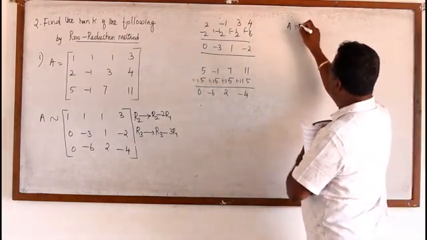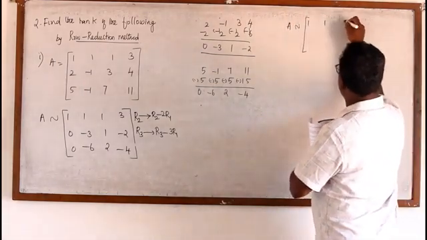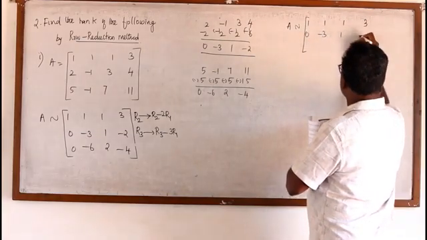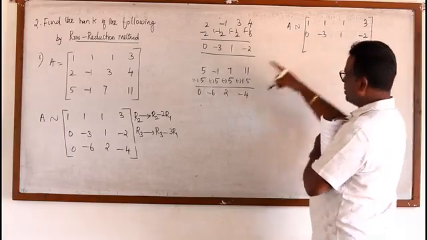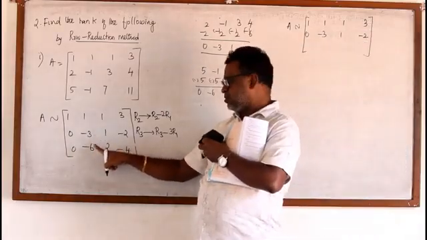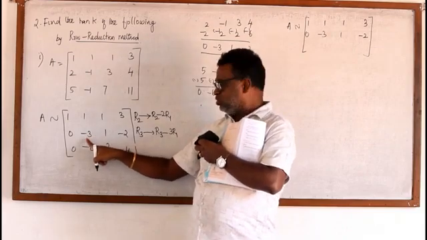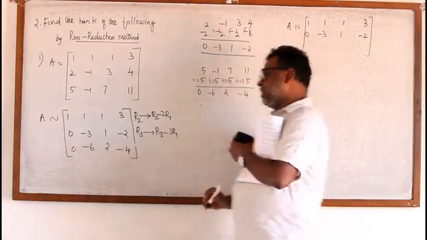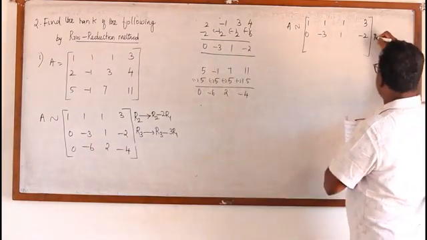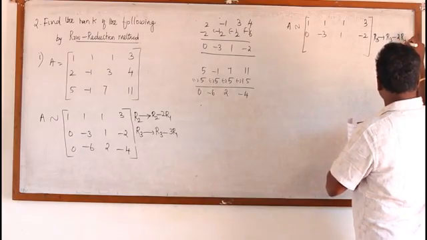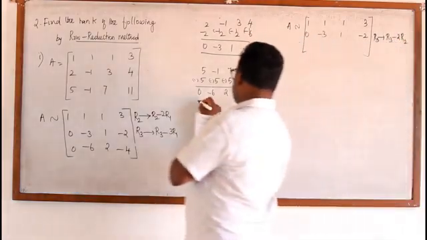That is, A is written as 1, 1, 1, 3. Row 2 no change: 0, -3, 1, -2. Since this -6 must become 0, I can do it only with R2. If I multiply this one by 2, this will become -6. When I subtract, the sign will change. Therefore, that will become 0. So what I am doing? R3 is written as R3 minus 2R2.